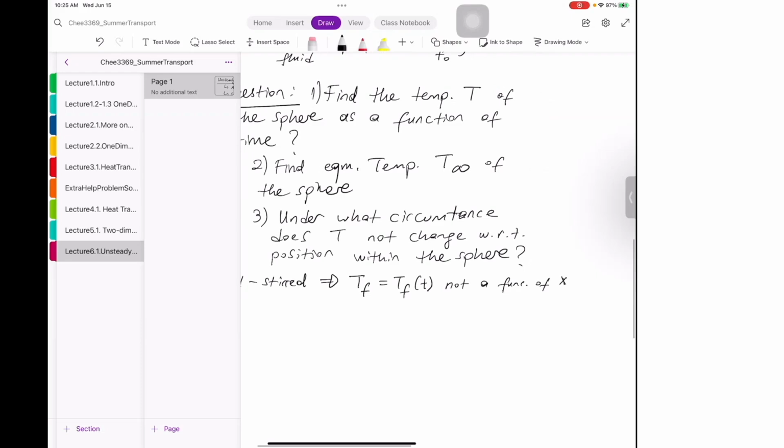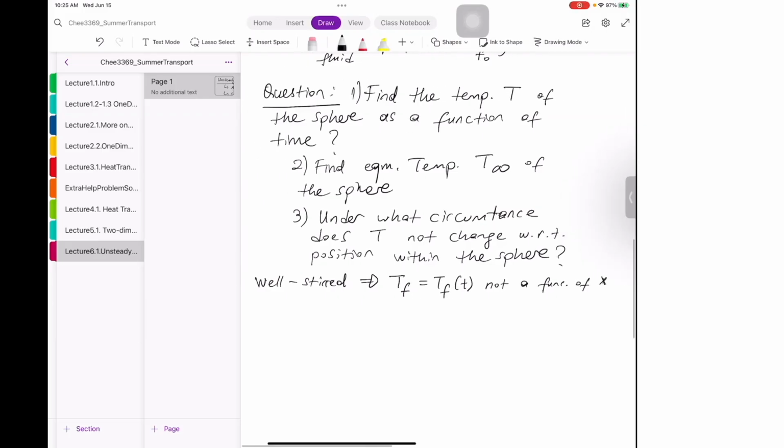So for the fluid, I know the answer. If I mix it really well, then I can assume that at any point the temperature is not going to vary from point to point because it's well mixed, but it's going to change with time. It's going to heat up or cool down with time. That's a valid assumption just because it's well stirred.